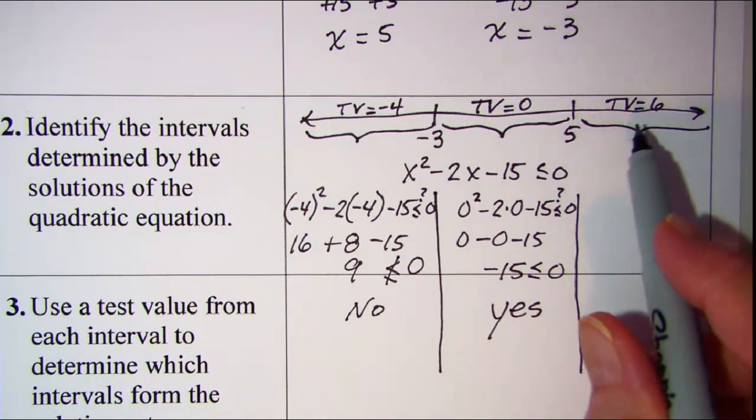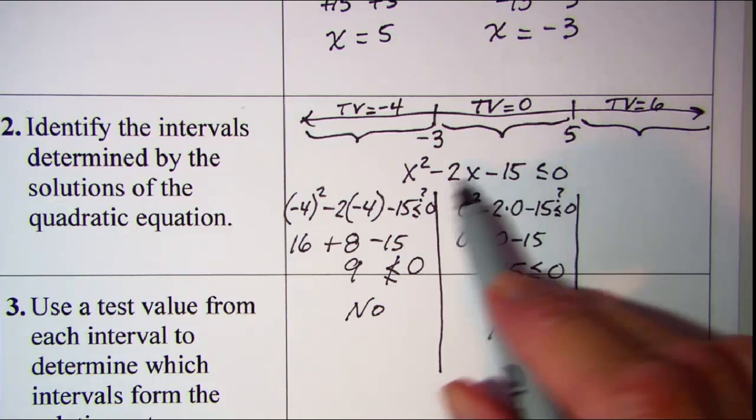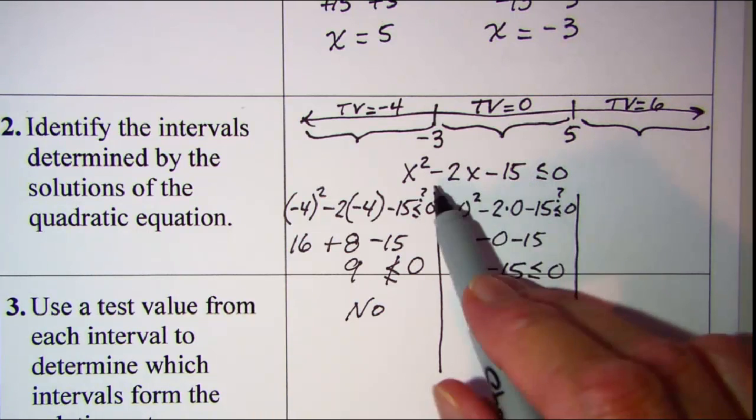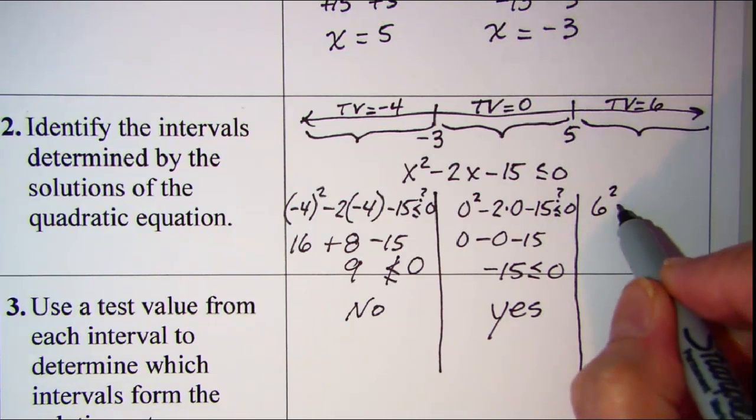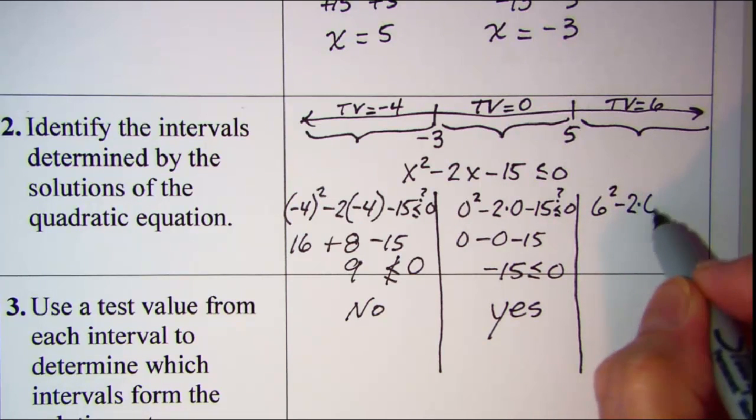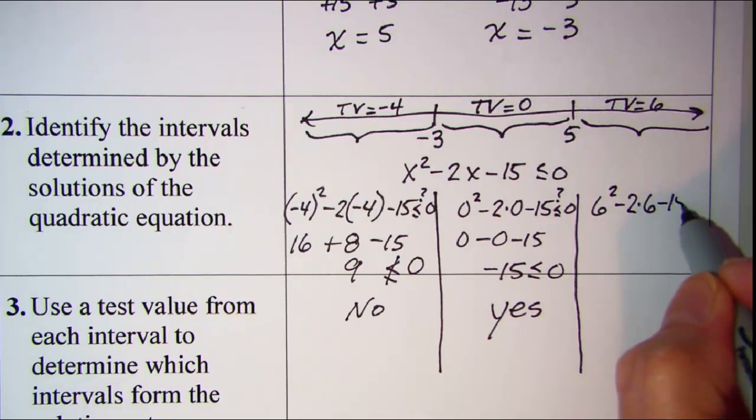And then let's check the test value 6 in this inequality. So 6 squared minus 2 times 6 minus 15.